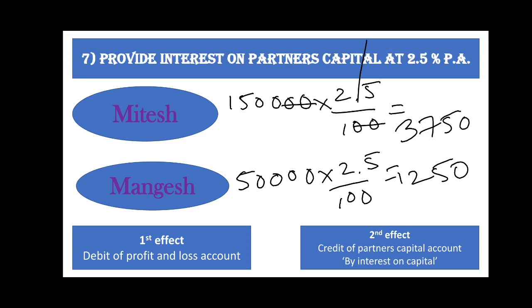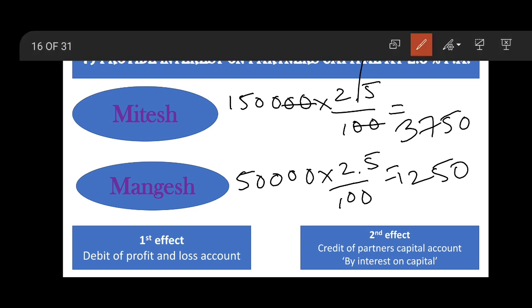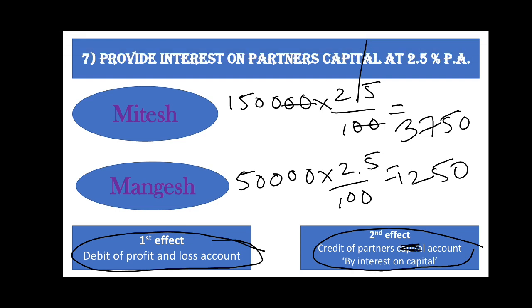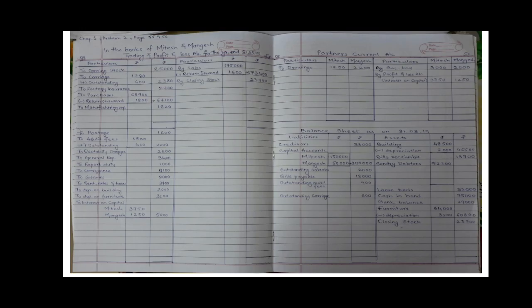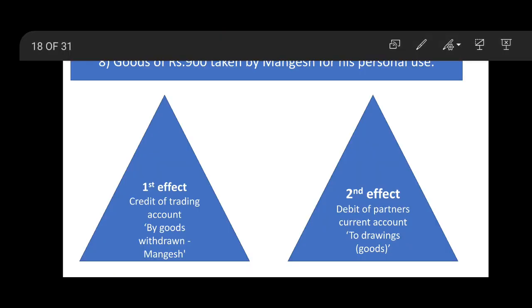So where to transfer all these amounts? These amounts will first go to the debit of profit and loss account, and then credit of partners, not capital but current account, by interest on capital. So in this way you will enter it.